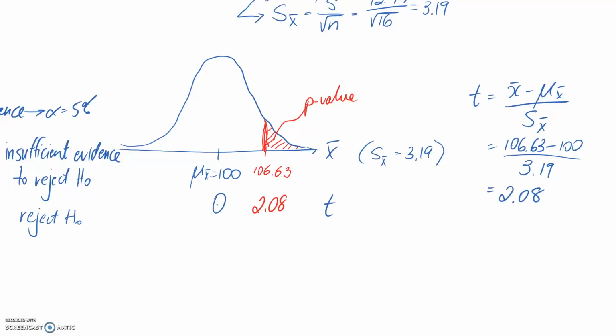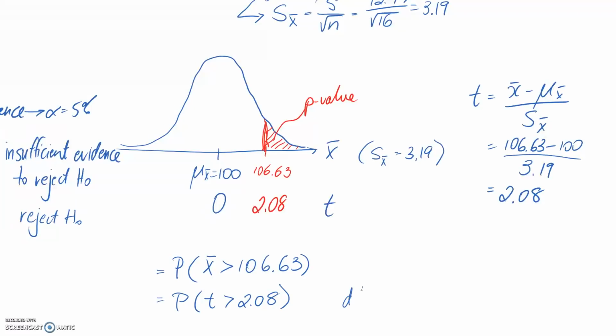Alright, so now we should be able to write out our probability statement. What we're looking for is the probability that x bar ends up being greater than 106.63, and we've just said that that's going to be the same as looking at, in t, the probability that t is greater than 2.08. The only other piece of information we need to be able to compute this is the number of degrees of freedom.